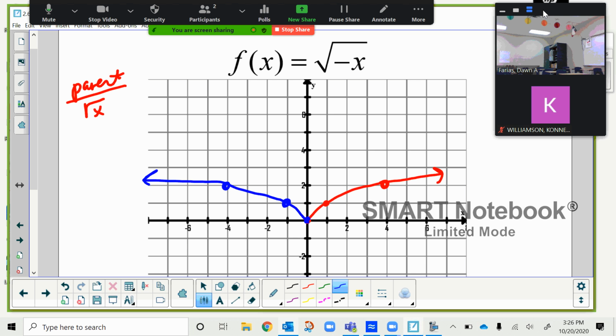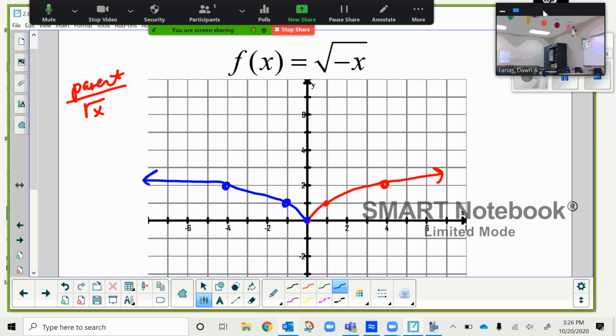It's so small. So I don't read my notes.